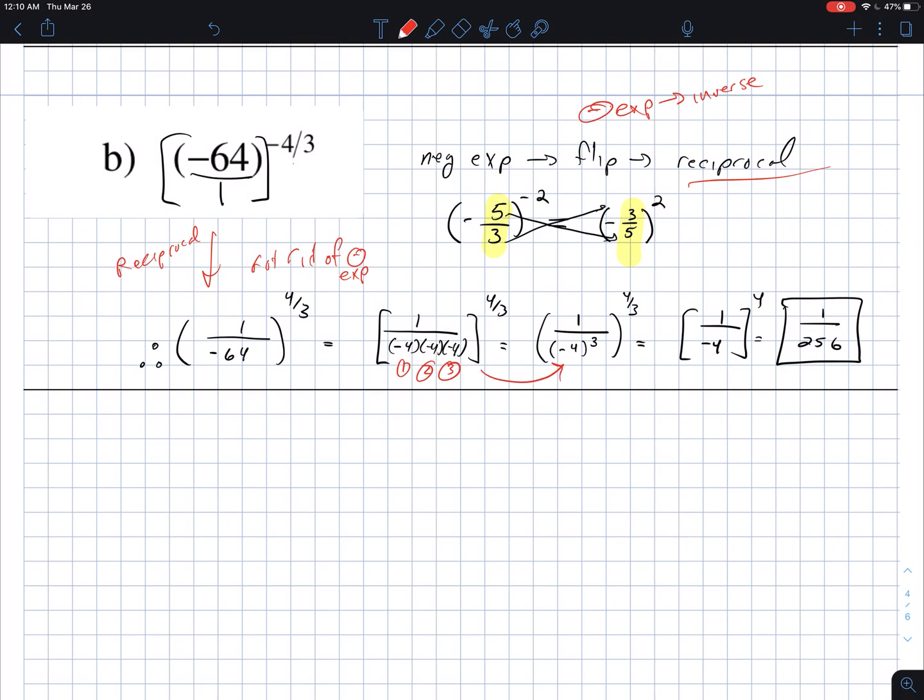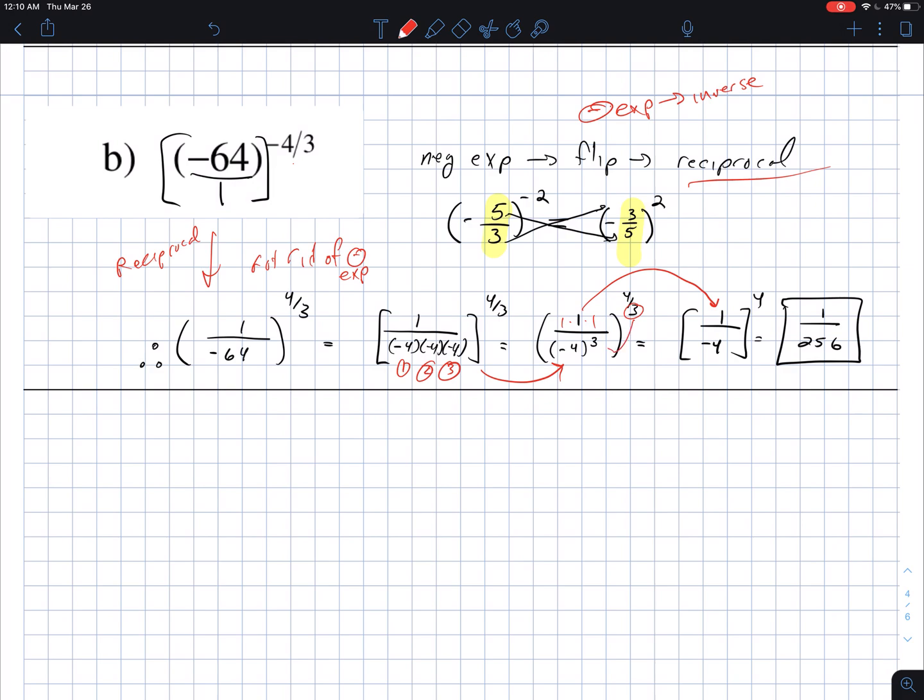I rewrote it here just to show you that I can take 1 over the quantity of negative 4 cubed, and I'm doing it to the 4/3 power. I then broke it down, right? Well, what's the cube root of 1? But we can remember that I can multiply this by 3, so technically I can pull one of them out, and that's what we did.